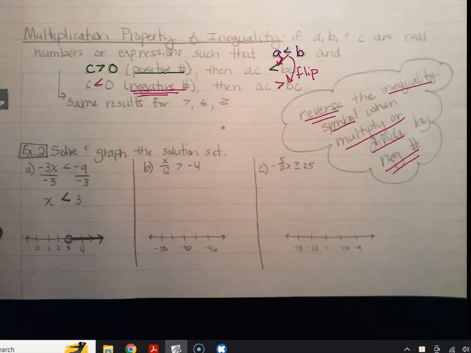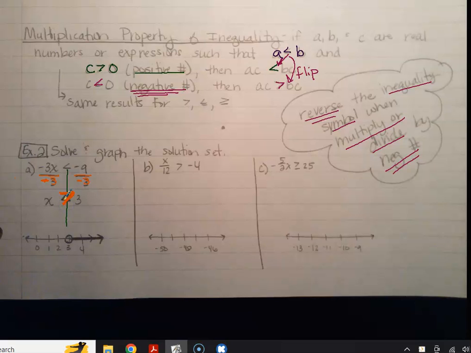If I cut my inequality in half, the first step here is to divide, because I have negative 3 times x is less than negative 9. So I'm going to divide by a negative 3. Because I'm dividing by a negative, I need to flip that sign, which I did not do. I divided by a negative but did not flip the sign. So please make that correction right now.